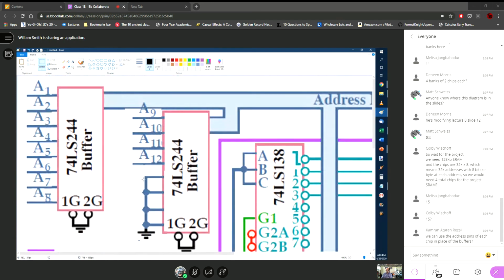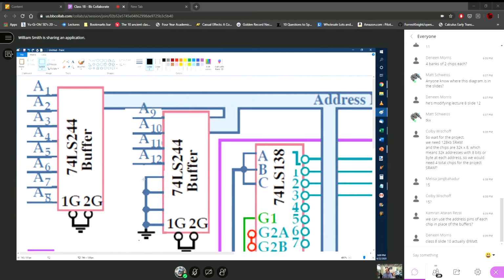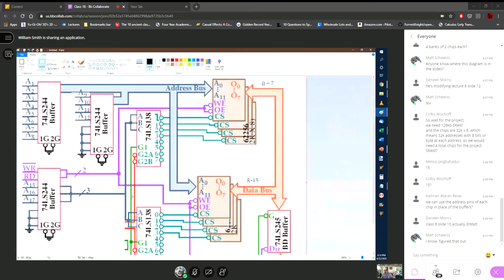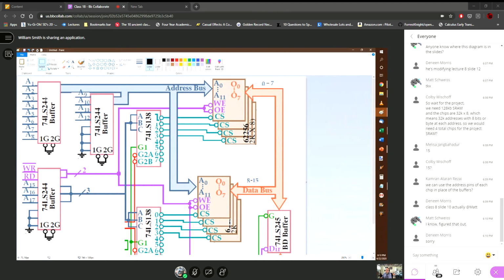So what's going to happen is we're going to need 11 or 12 address bits to access the RAM. Remember that we talked about how you take that bottom address bit and you just kind of throw it away?